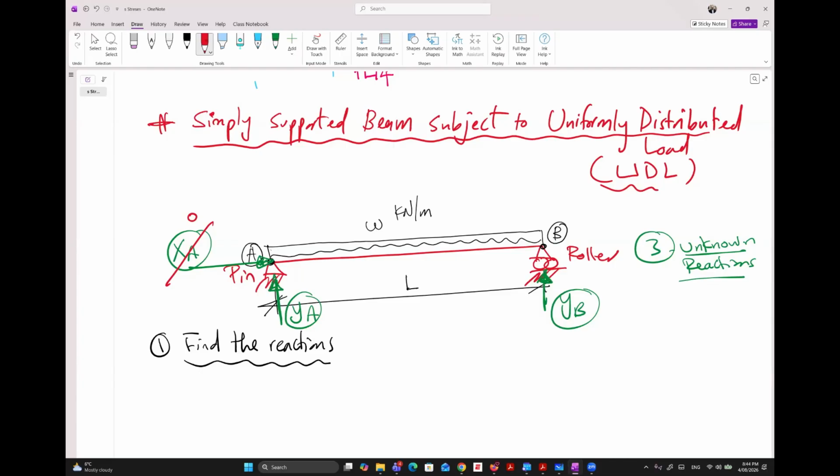So there is a small trick here. What is the small trick? We can't actually deal directly with W as a uniformly distributed load, so we need to simplify. Yes, that's good, Kishbong. We need to concentrate the uniform load to be able to deal with it. Do you know how to concentrate this load? If it is W distributed over a length L, do you know how much the total load is?